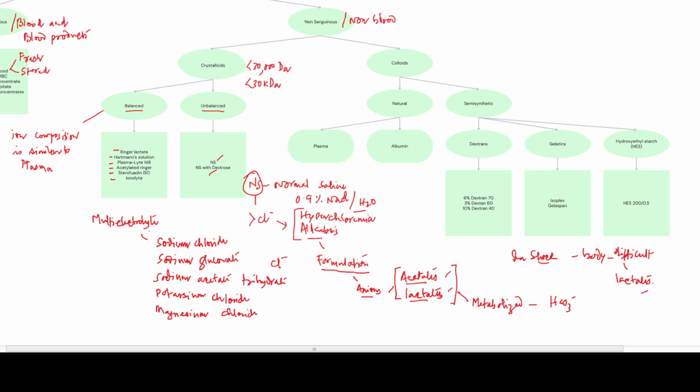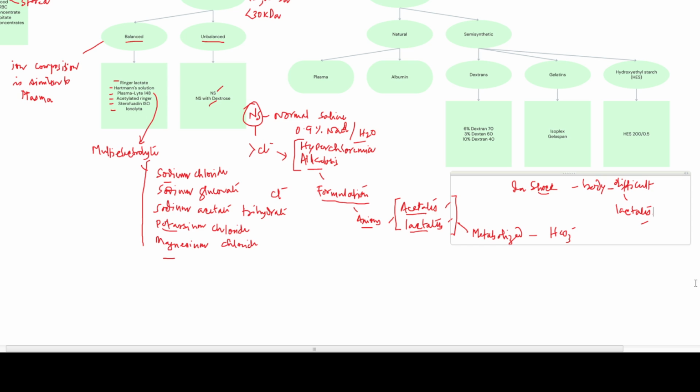So Plasma-Lyte here is a multi-electrolyte. It's giving lots of different kinds of salts: potassium, magnesium, sodium. And then it's balanced as well. It's one of the newer preparations.